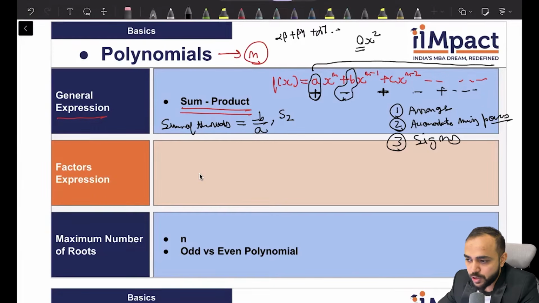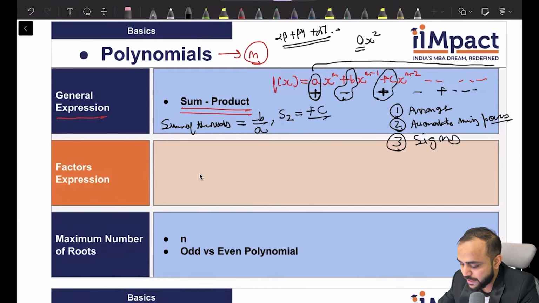So you made all the selections possible of two roots out of the given roots, and then you multiplied them with each other, the two selected ones, and you added them. So for a cubic, that is going to be three such terms. How so? 3c2. You selected two terms out of three, that is going to be 3c2. So s2 is going to be plus c divided by a.